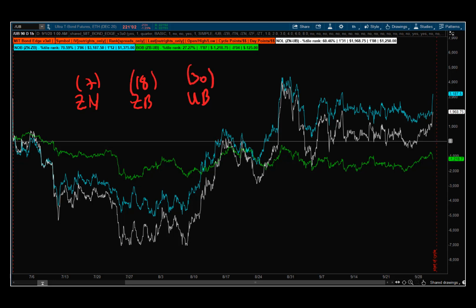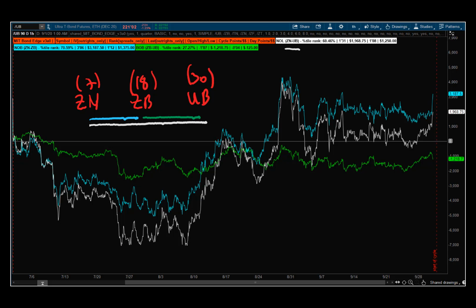Well, the blue line is just showing us the relationship between these two. The green line is the relationship between these two. And now the white line is the relationship between ZN all the way out to UB.